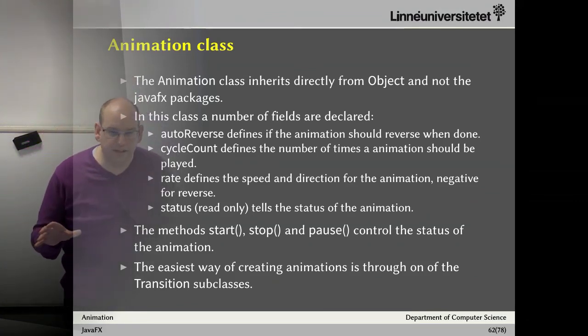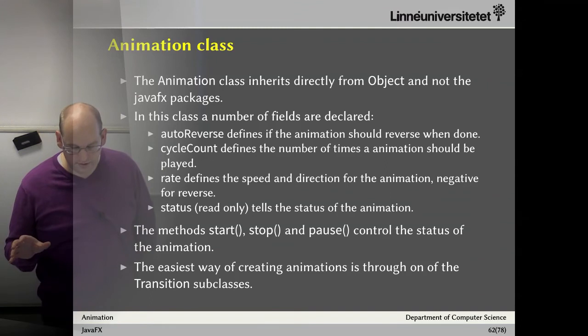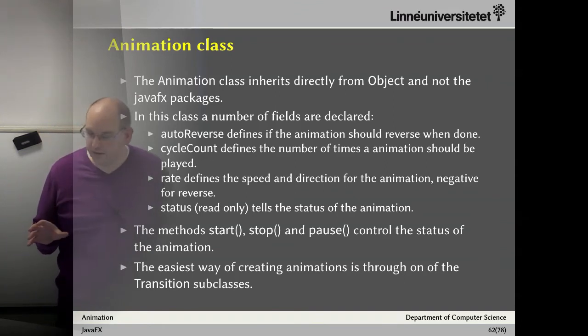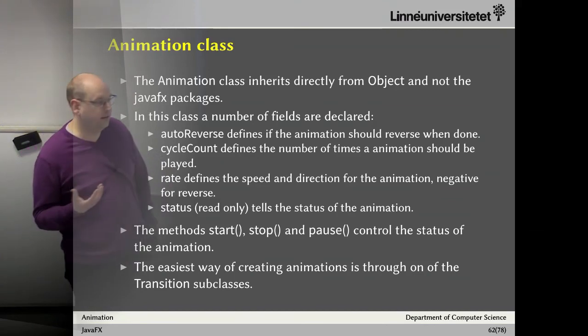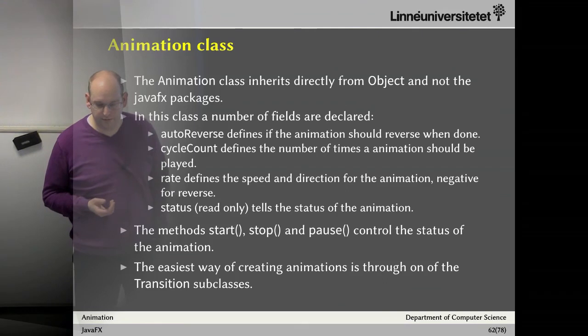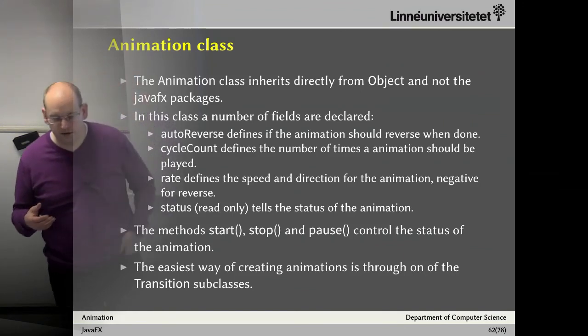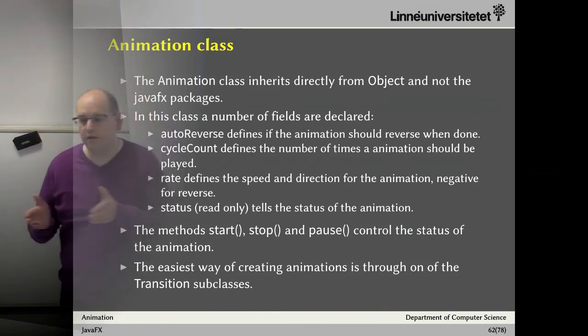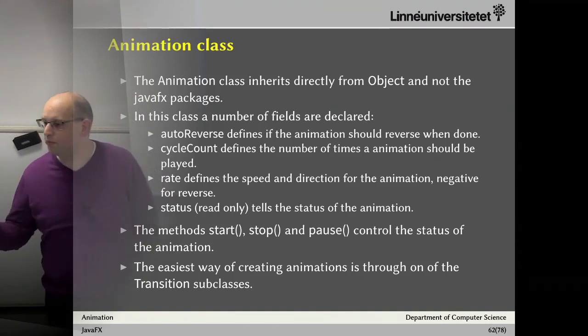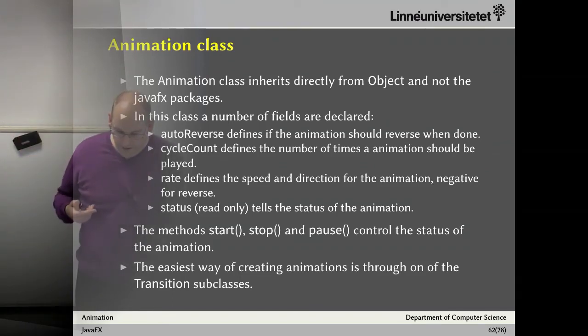Since almost every class is inheriting from Animation, it has a number of predefined fields and methods like autoReverse and cycleCount and rate and status, which we can read and sometimes also set. For example, autoReverse, if you want the animation to go backwards once it's finished. CycleCount, how many times we want this animation to run.